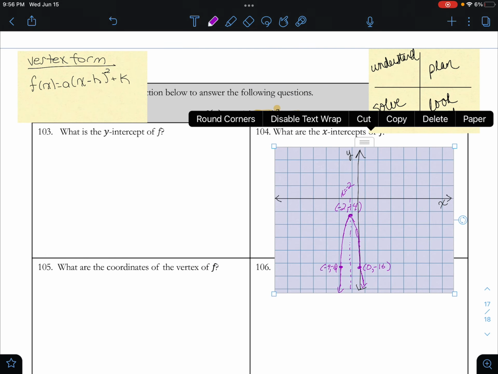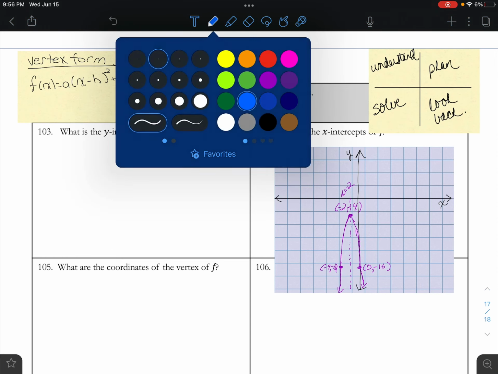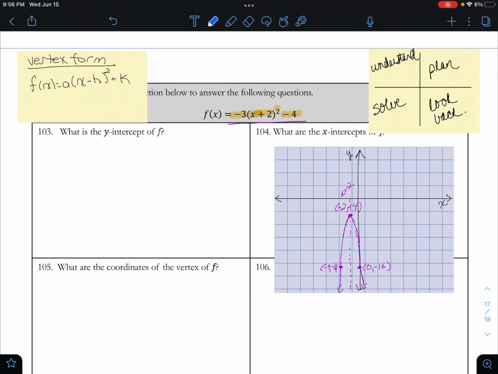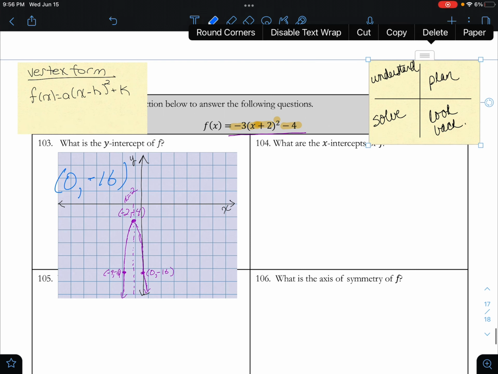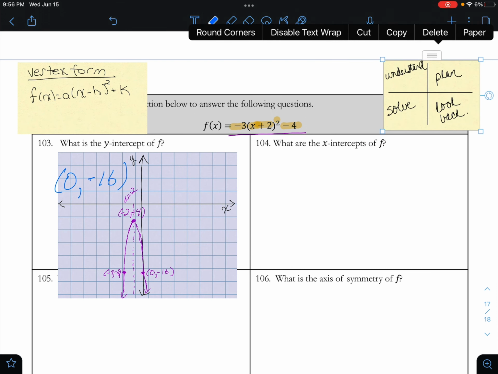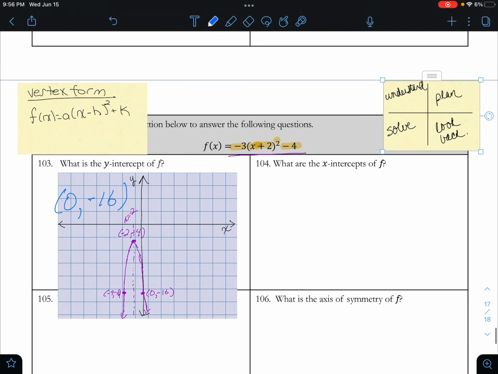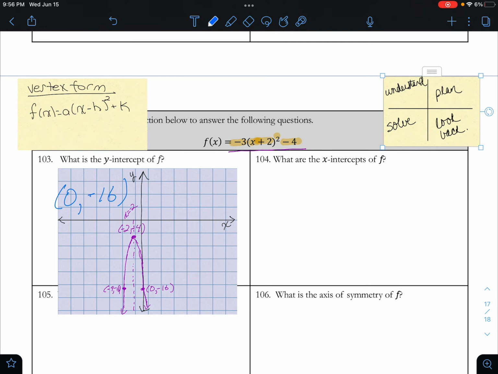So let's see. What is the y-intercept of f? The y-intercept we said was 0, -16. Oh, this is working well. All right, I'm going to move this over, squish this up a little. What are the x-intercepts of f? Again, the answer is right there.